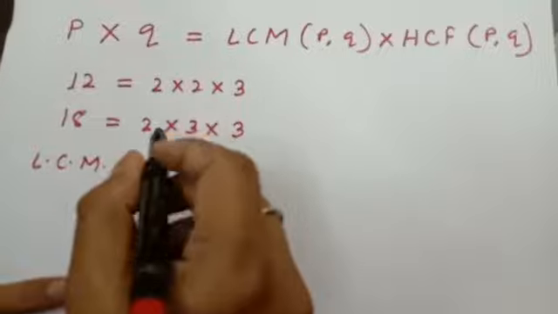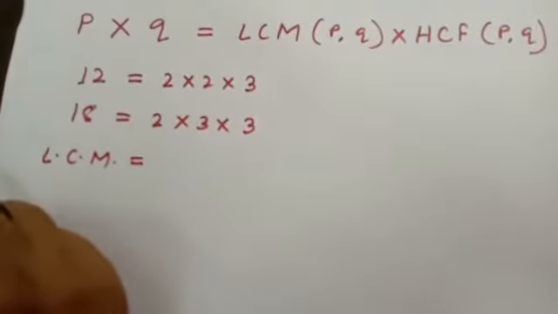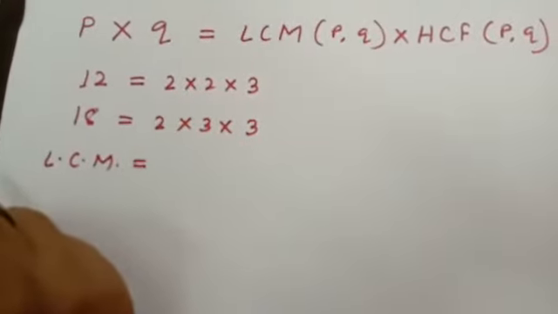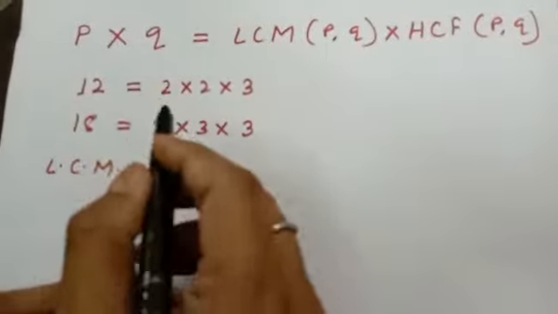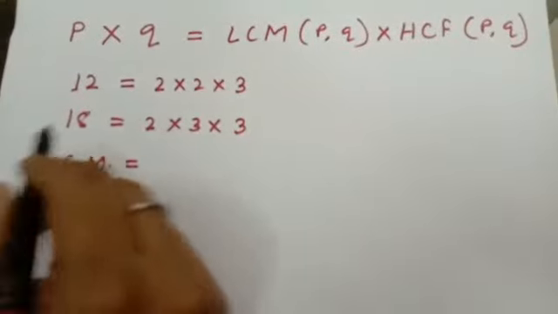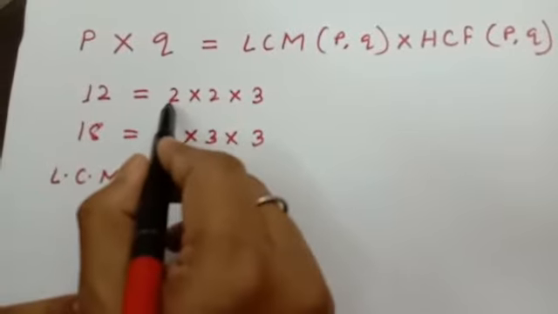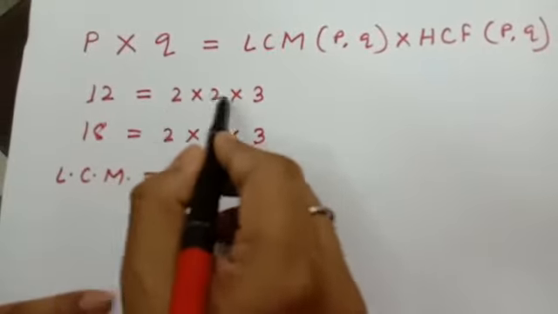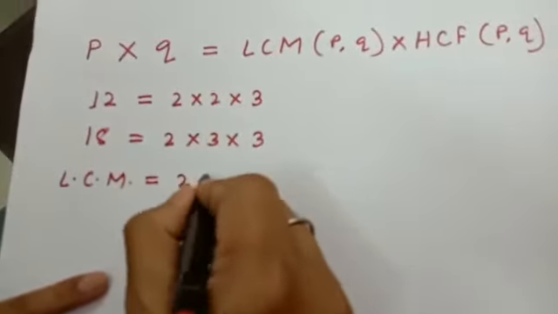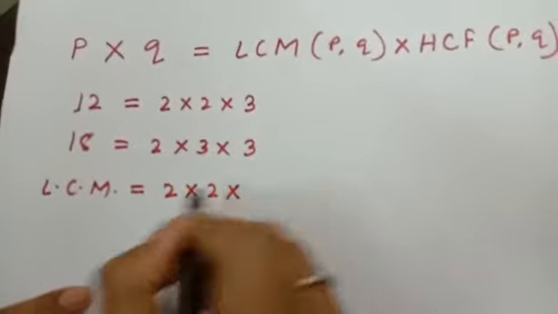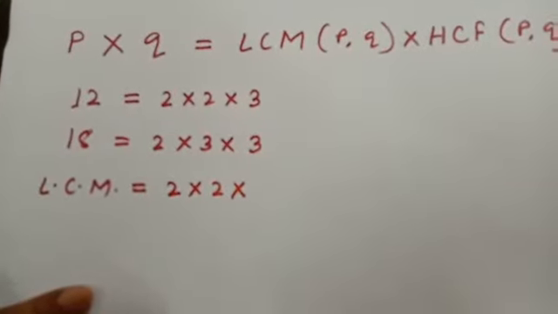Find the larger group of the prime numbers. We can see that the larger group of 2 is here in the factorization of 12. So take the larger group of 2, that is 2 into 2. Then find the larger group of 3.